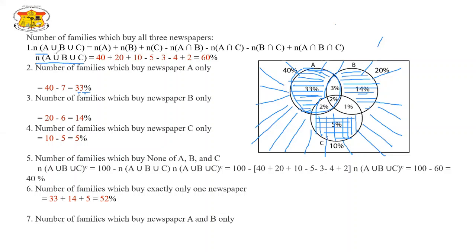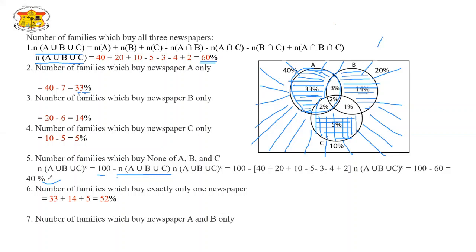Negation means 100 minus A union B union C. We already found A union B union C in our first question, that is 60%. So 100 minus 60 is 40%. So the number of families which buy none of A, B, C is 40%.